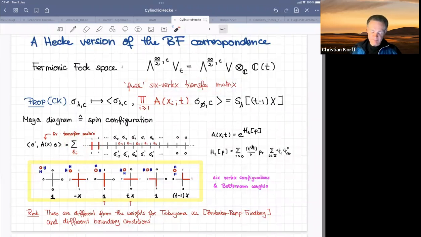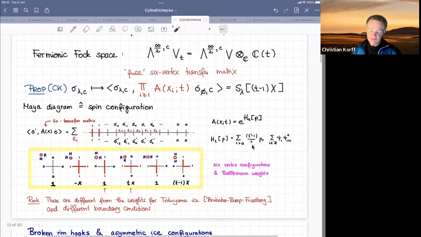And the claim is, if I multiply up all the Boltzmann weights for each of these configurations and sum it all up, then what comes out is this t-deformed Schur function. And the Boltzmann weights which I take are very close to the Boltzmann weights which you have seen in previous talks, for instance the talk about Tokuyama ice.